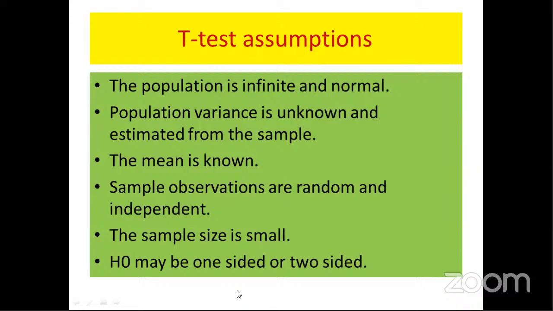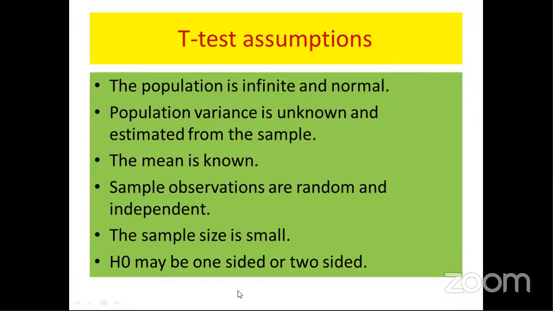Now, may we see some assumptions of the test? Because we talk about when to use the t-test, and when to use parametric and when to use non-parametric. Take note that you will not just adopt a certain test. You should meet certain assumptions so that you can adopt the test.